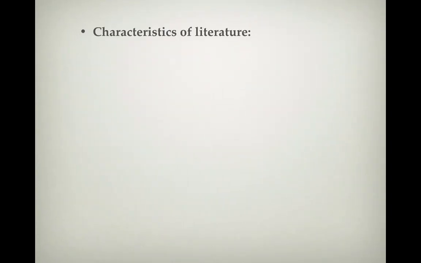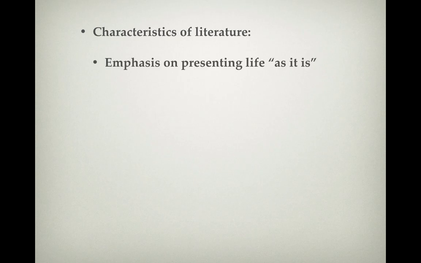All right, then we move on to characteristics of literature in realism. So first and foremost, and I hope you see the swing here, away from the idealism of the Romantics to presenting life as it is. And that's hence the name of this time period, realism. They wanted to be realistic. And so here we have authors talking about things like divorce, death, injustice in social classes, injustice in race.